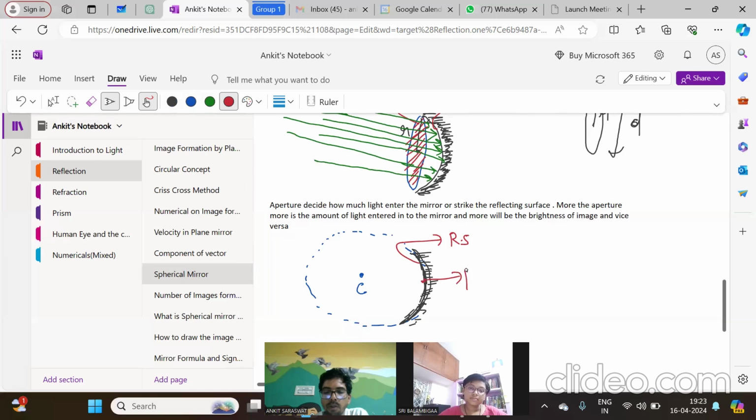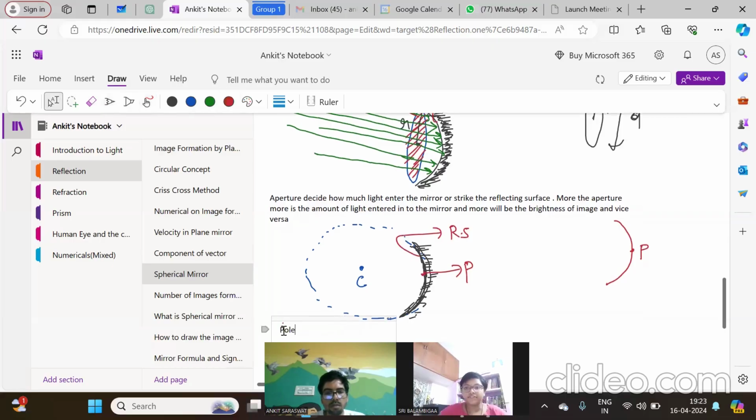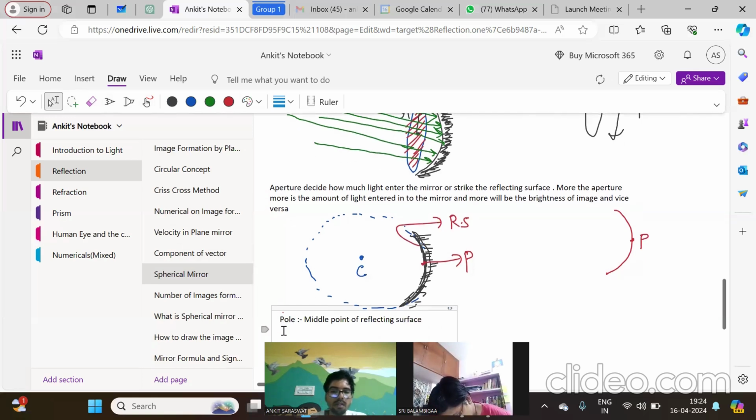This is known as the pole, denoted by P. So what is the pole? You can write: middle point of the reflecting surface. For example, this is the mirror, its middle point will be here, so this is the pole. The pole is the middle point of the reflecting surface. And what is C?